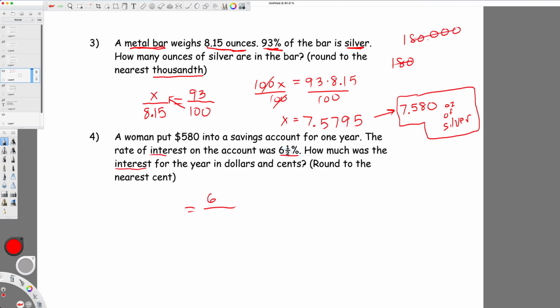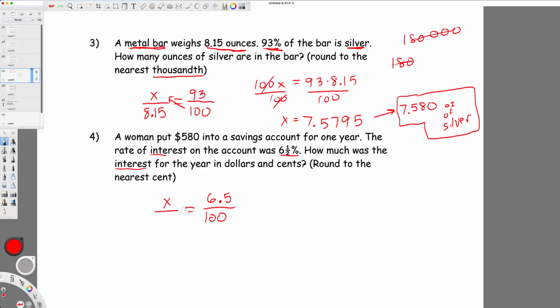I'm going to be using a calculator that doesn't have a fraction button on it, so I'm just going to use 6.5 instead of 6 and a half. Doesn't really matter. And then I always put that over 100. This is an interest rate, and they ask me how much interest. So I don't know how much interest. This is the interest in dollars, and I don't know what that is. I'm going to call it X. And that means this 580 is the whole part.